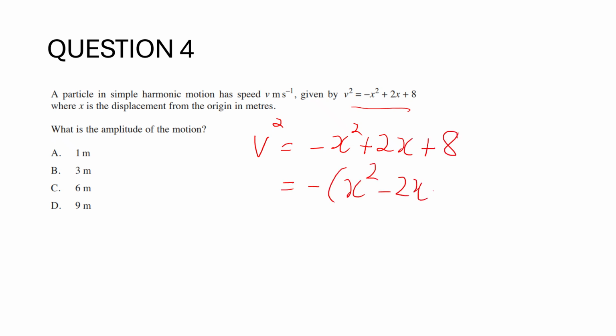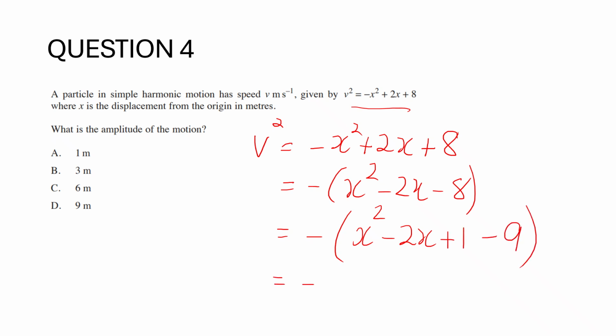And now I'm going to complete the square. So negative, we've got (x squared minus 2x plus 1 take away 9), which is equal to negative (x minus 1) all squared, take away 9, which is equal to, I'm just going to get rid of that, negative 9 take away (x minus 1) all squared.